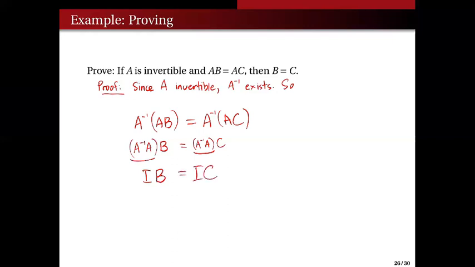If you multiply any matrix with the identity matrix, as long as the multiplication is valid, you'll just get the matrix.